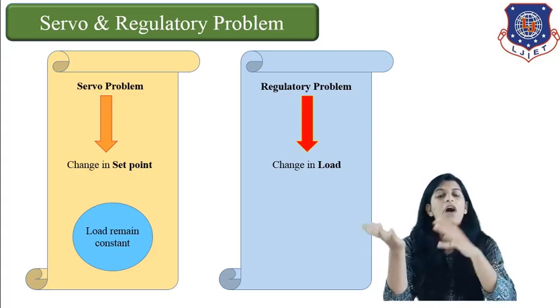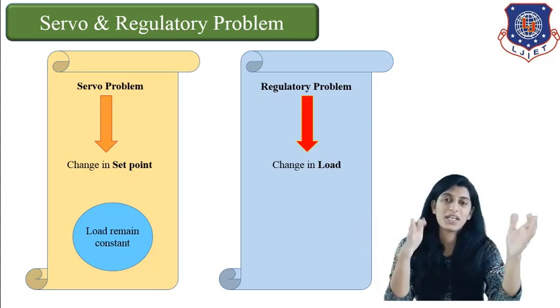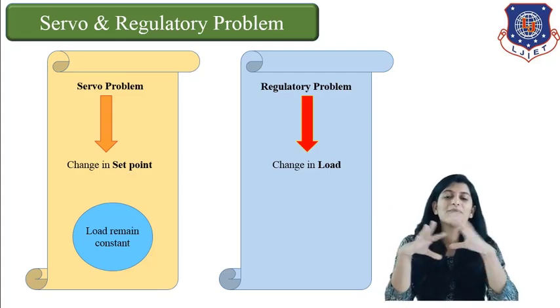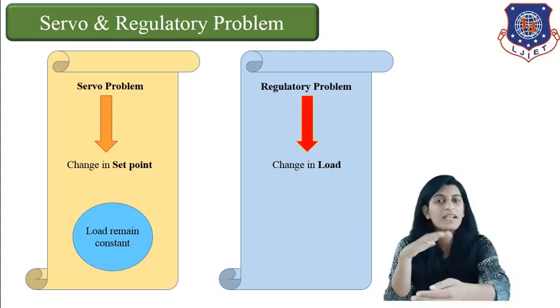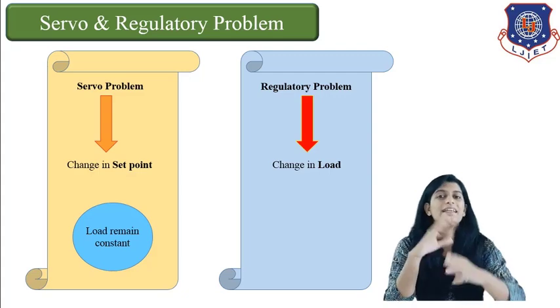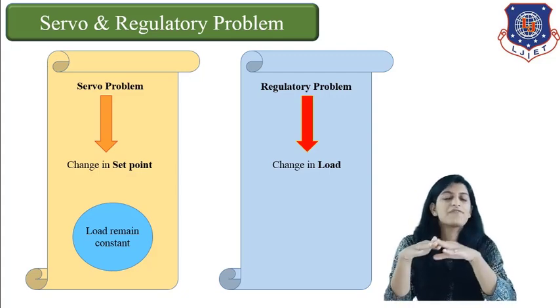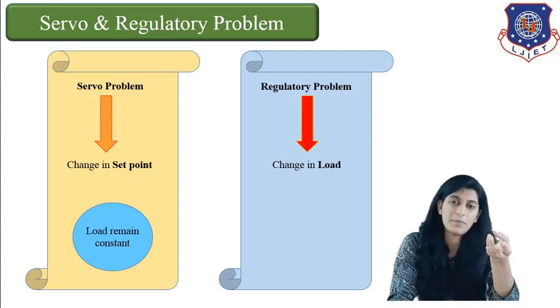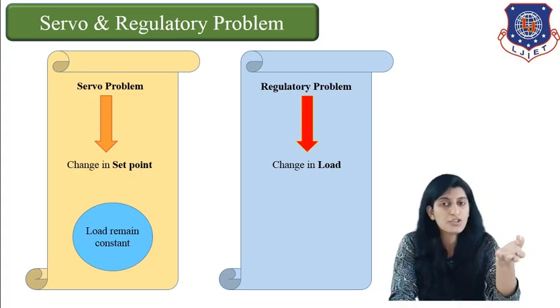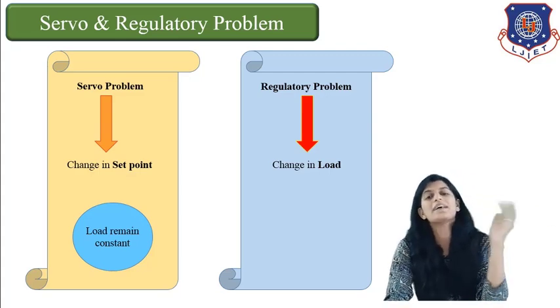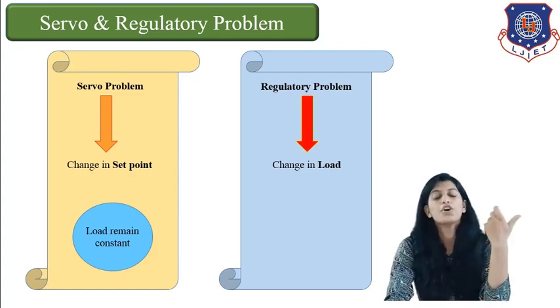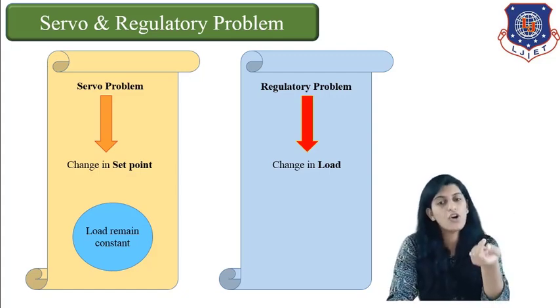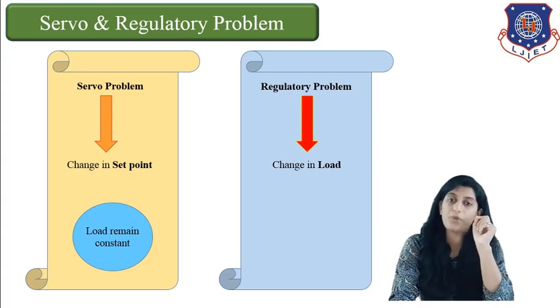Suppose outside disturbance is changing. Once it is changed, my system tries to incorporate that change into it, and it is stable now. After some time, again some disturbance is caused in the outside atmosphere, and due to that again my system is unstable, right? So whenever there is a change in load, it is termed as a regulatory problem.